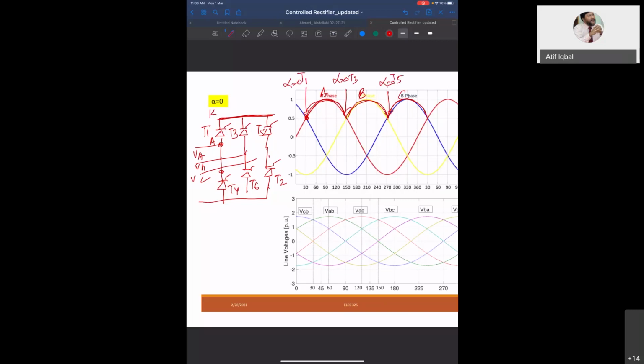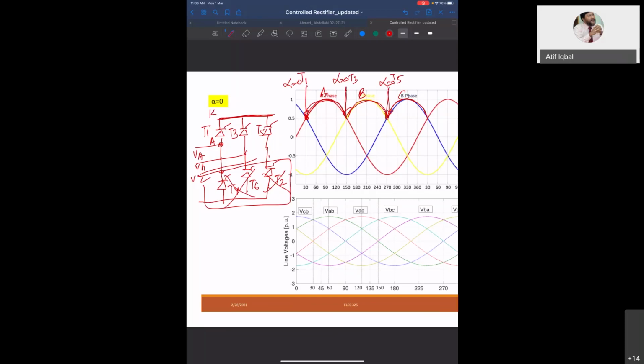So this is the reference for the upper group, and it is exactly the same as the half wave rectifier, which we have already seen. Any question here?